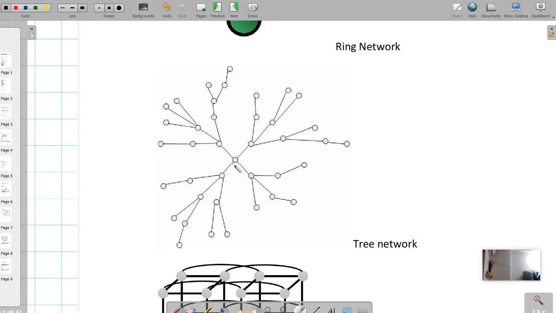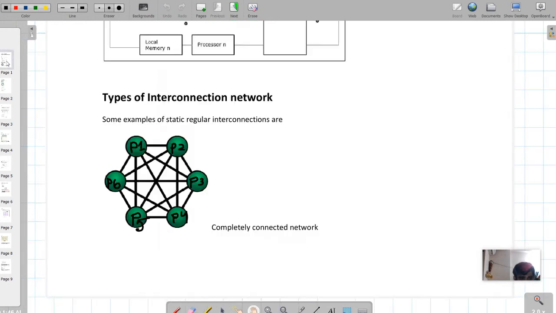Yes, Dhiraj. He has written: disadvantage, speed of communication will be slow and cost will be more in implementing this type of network. Advantage, high speed communication. Correct. Just let me go back to this diagram for a moment. You can see that as different processors are connected to one another directly, the communication speed will obviously be higher.